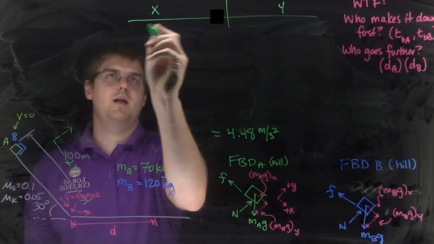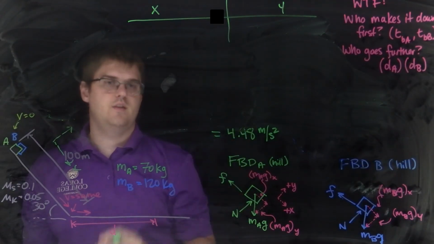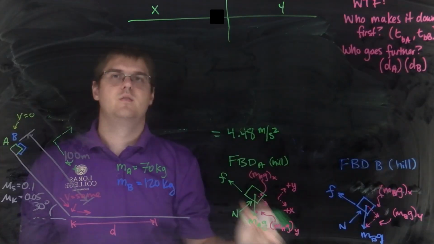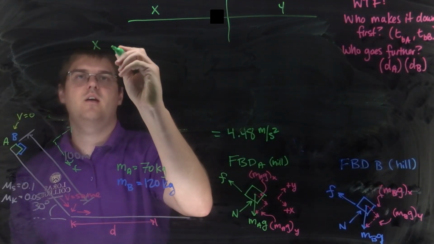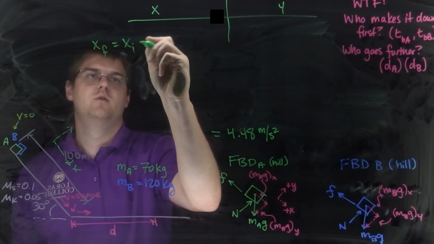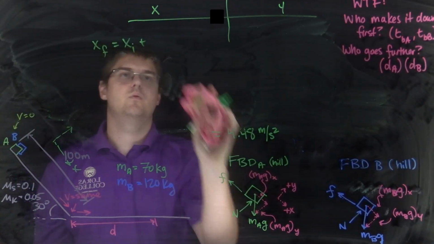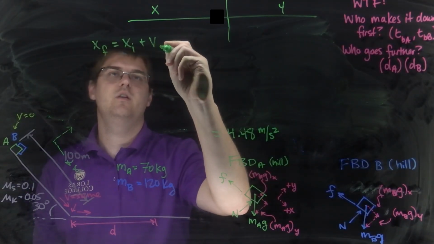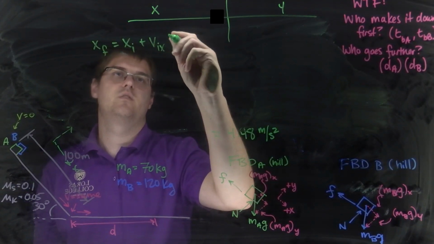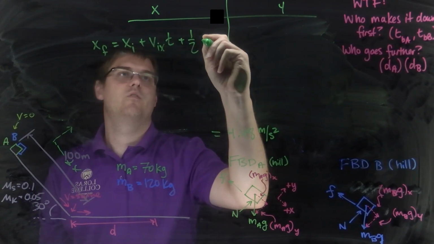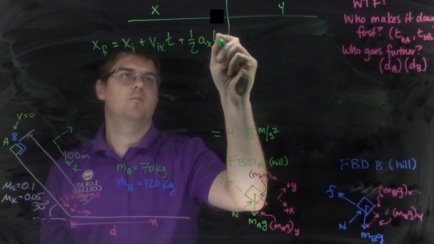Well, I've got a kinematic equation in the x that says x final is equal to x initial plus, don't like how wet this board's getting, velocity initial in the x times time plus 1/2 acceleration in the x times time squared.